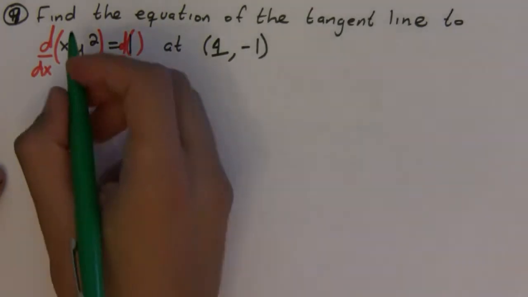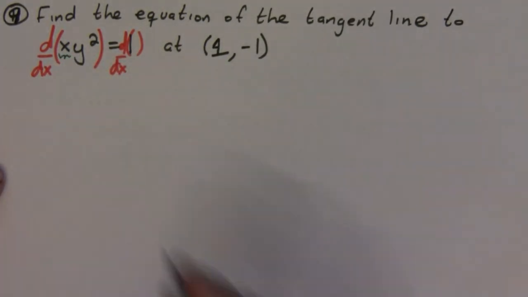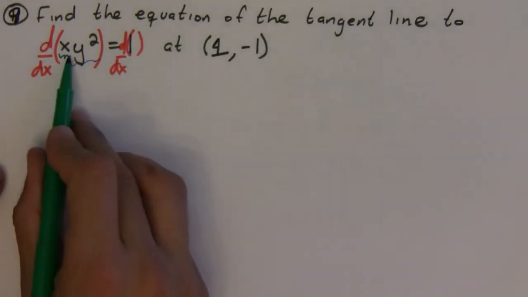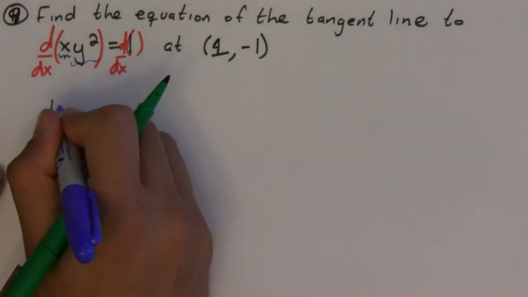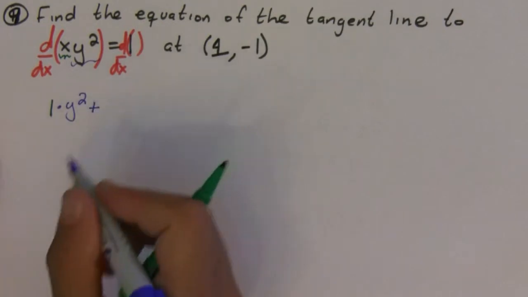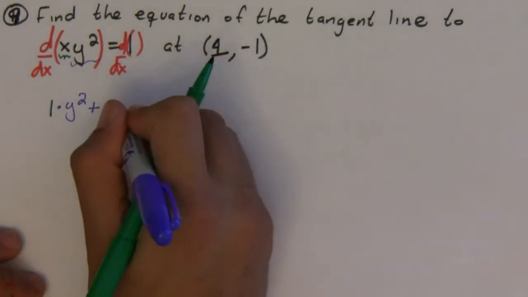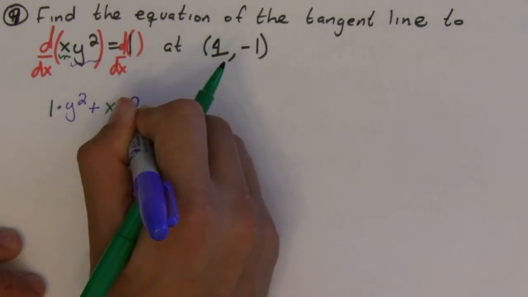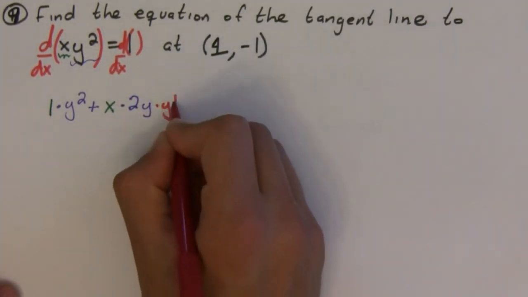So here on the left, we have to use the product rule. Remember, that is the derivative of the first times the second, leaving it alone, plus the first, leaving it alone, times the derivative of the second, which is just 2y times y prime.